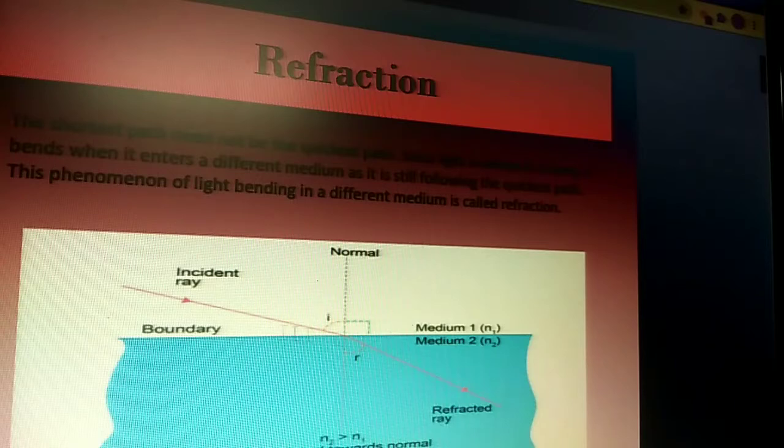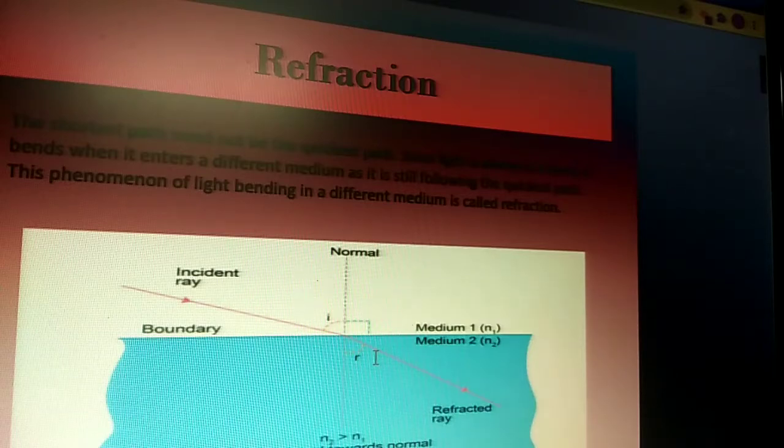Suppose you consider this as water. At the point of incidence, at the interface, the light ray bends and passes into the other medium, which is called refraction. So this is the air medium, this is the water medium.